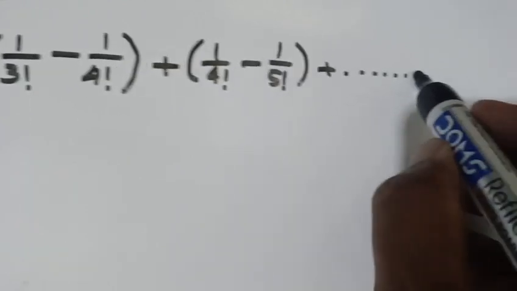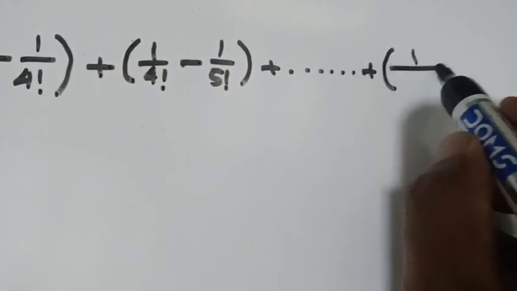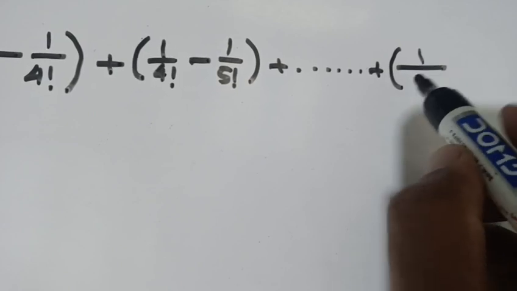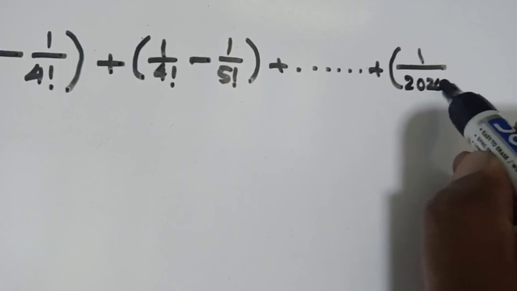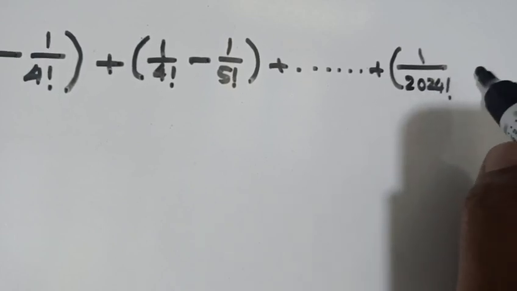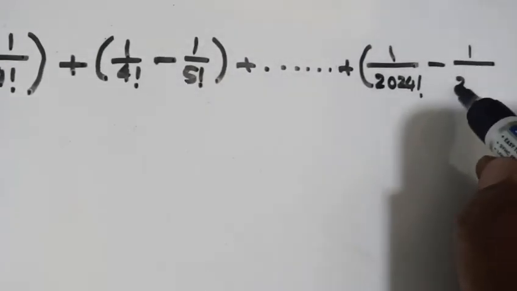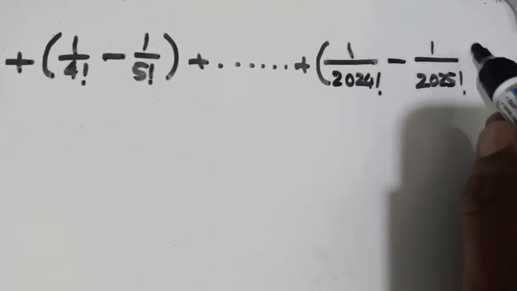This should be continued up to n is 2023. So then I get here 1 by 2024 factorial, that is n plus 1, minus 1 by n plus 2, which is 2025 factorial.